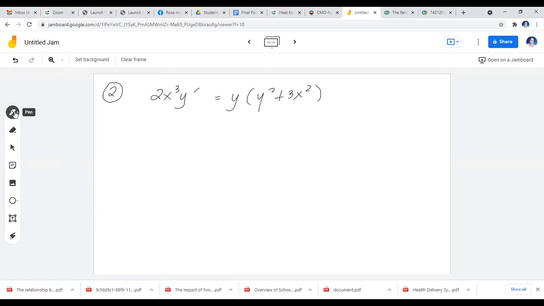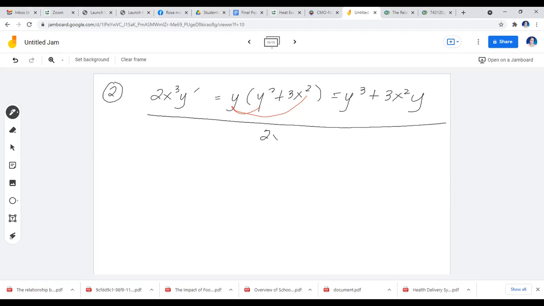Okay, so what we're going to do is expansion. So you can have this expanded. So in the process of expansion, you will have y cubed plus 3x squared y. Okay. Then I'd like to isolate the y prime here, so I can divide by 2x cubed.